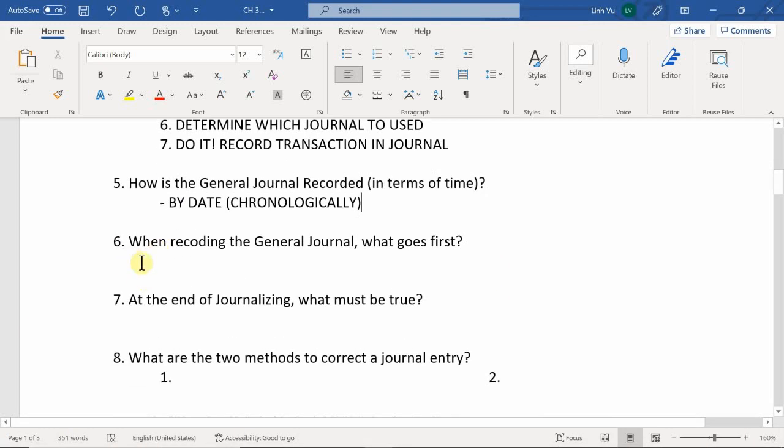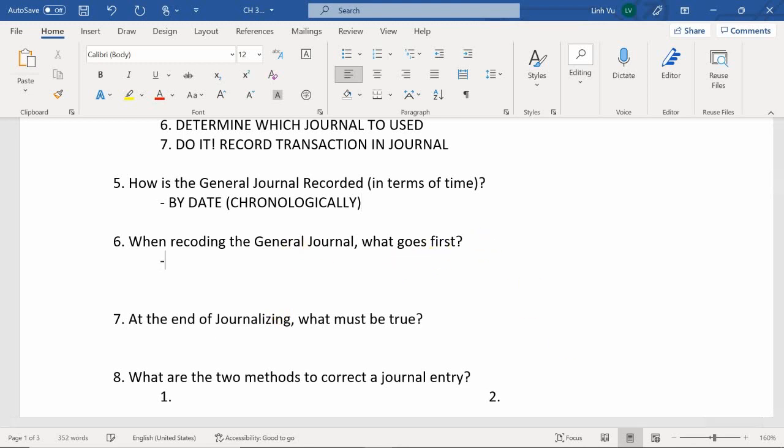When recording a general journal, what goes first? The date. We already talked about that one. So this is in terms of accounts. When I journalize, which account do I put in first? The debit.